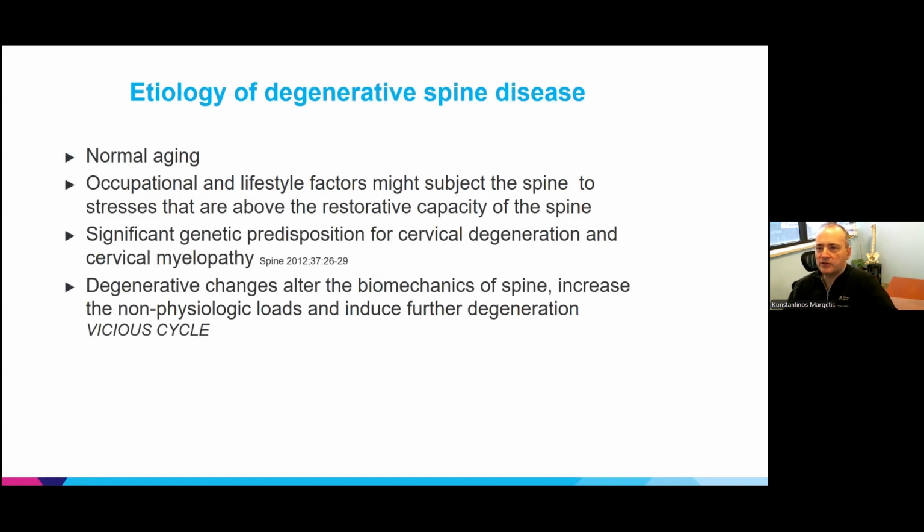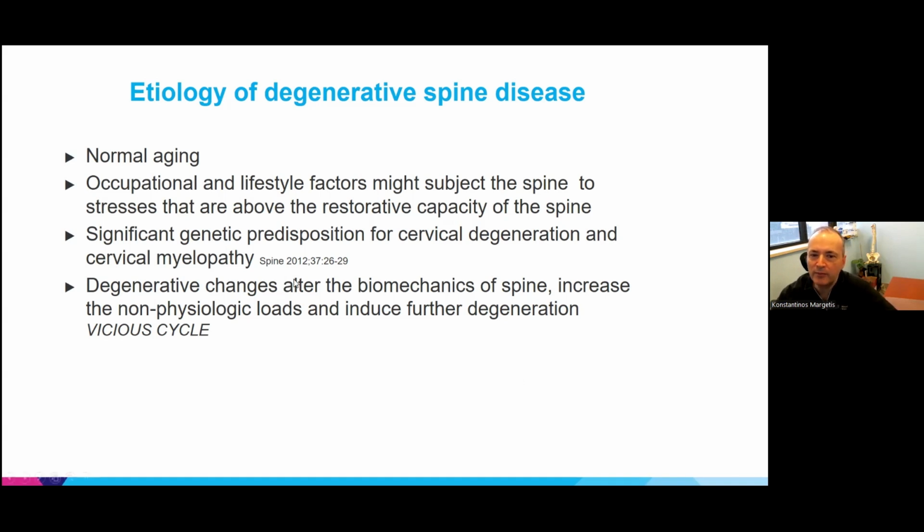So about the etiology of degenerative spine disease, age definitely plays a role. Some occupational and lifestyle factors, most commonly poor posture of the spine, and also bad technique when people are lifting things, play a role.